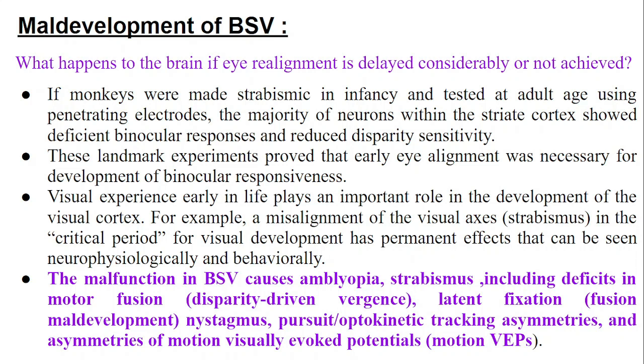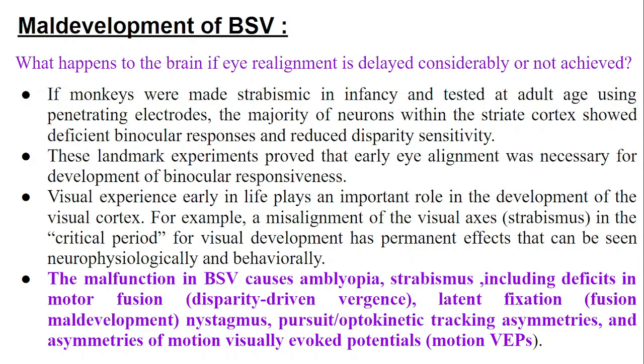Maldevelopment of binocular vision. Maldevelopment of binocular single vision can lead to a variety of visual deficits, including amblyopia, strabismus, and other binocular vision disorders. The brain relies on early visual experience to establish normal binocular vision, and if eye alignment is delayed or not achieved, the visual system can become permanently disrupted.